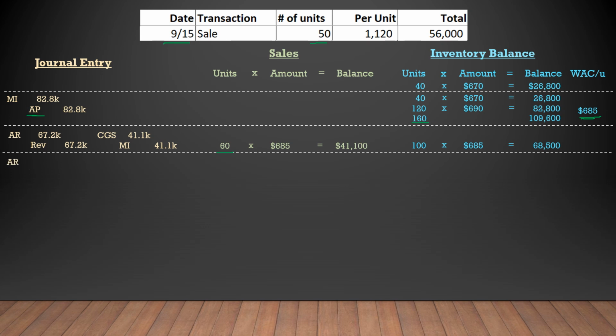As above, debit accounts receivable and credit sales for $56,000. We'll also debit cost of goods sold and credit merchandise inventory for the 50 units sold multiplied by $685. Again, we keep using the same weighted average cost.